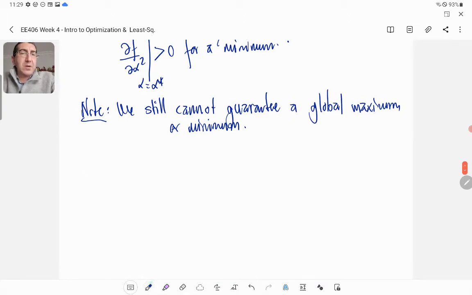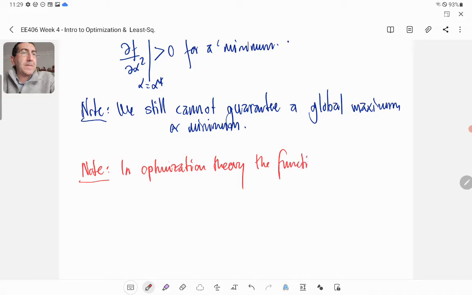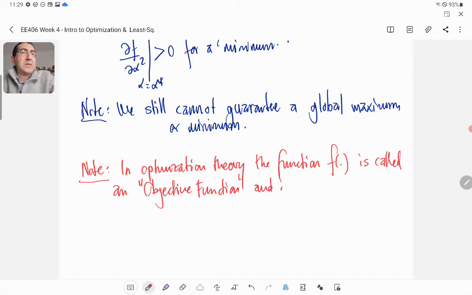Another note, in terms of terminology: in optimization theory, the function f is often called an objective function, and is denoted by J. Often J is the name given for the objective function.